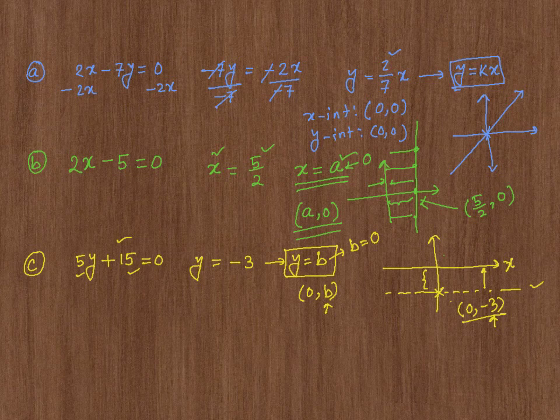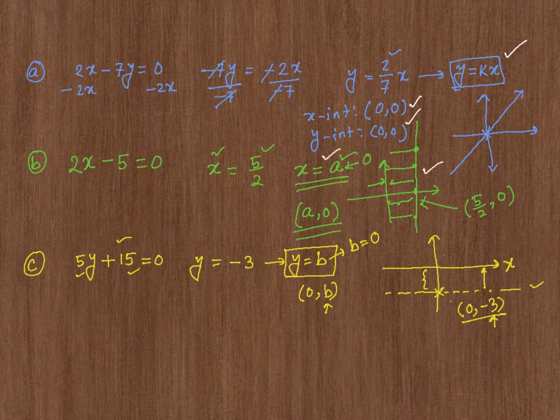These three are special types of straight lines. The first one is the type that goes through the origin. Any straight line that goes through the origin has the structure y is equal to kx, and both its x and y intercepts are at 0, 0. The second one we talked about is a vertical line.